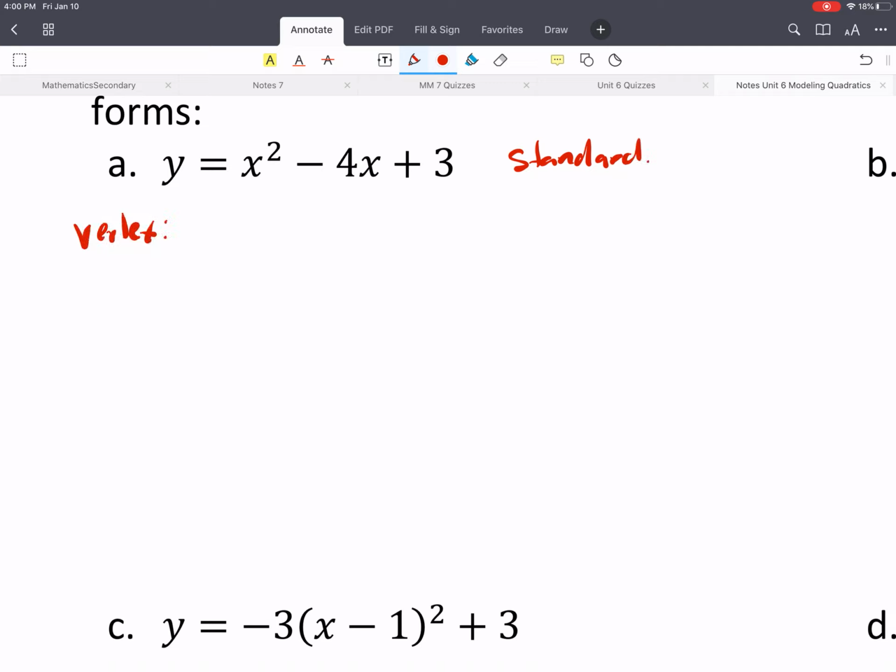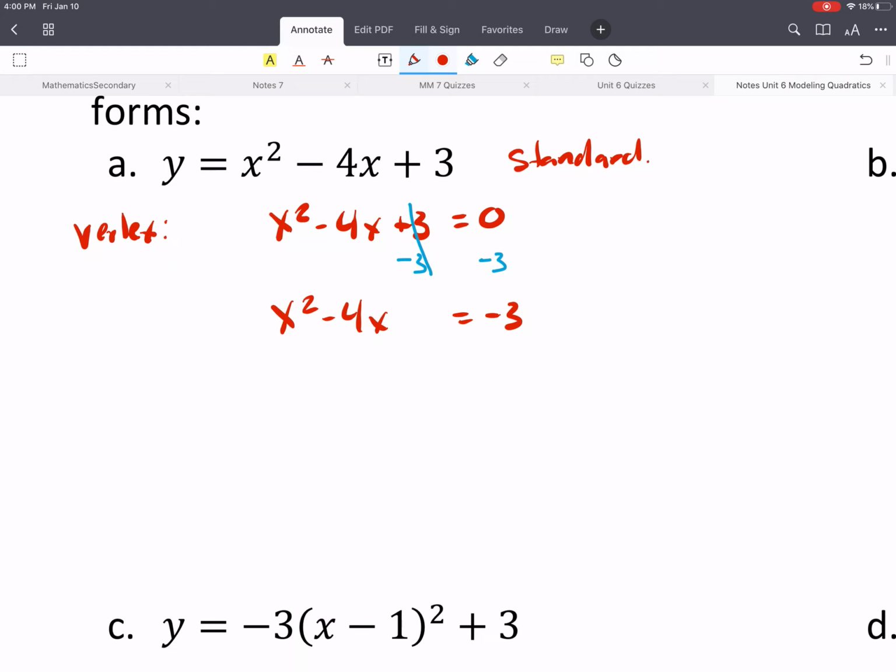So for vertex, the first thing that I do is set y equal to 0. I usually have it on the other side, just because that's the way we had it set up when we solved quadratics. Either way, you're fine. Okay. Next step, we would want to subtract 3 from both sides so that we can leave a spot to complete the square. So that gives us x squared minus 4x is equal to -3.